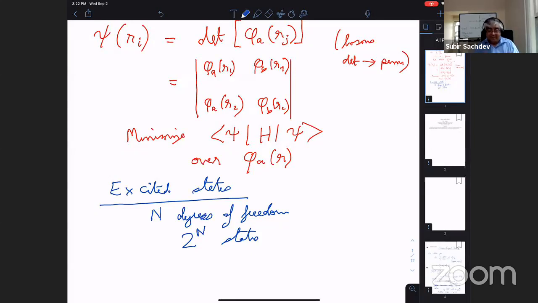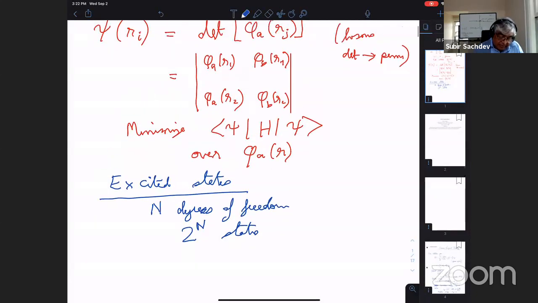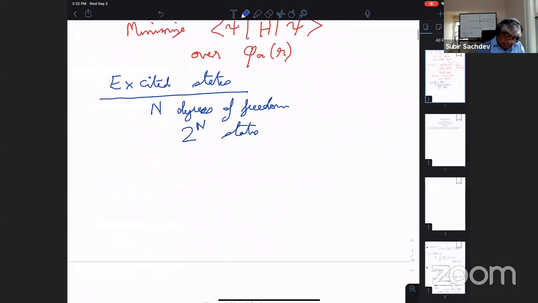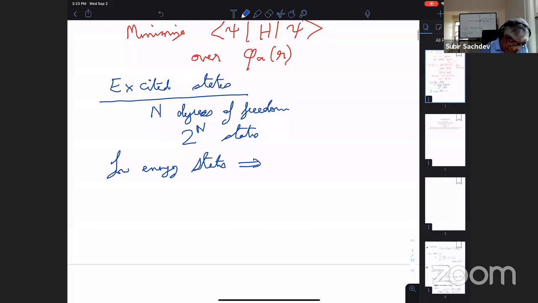So it's hopeless to write down wave functions for that many states. But let's say you're only interested in the low energy states, those near the ground states. And often what happens, and this is an extension of the simple product picture I mentioned here, is that the low energy states can be written as combinations or sums, if you would, of quasi-particles.